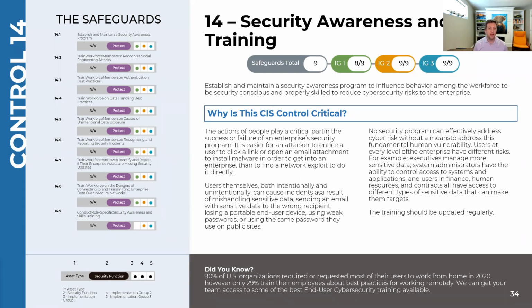Number 4, training your workforce on data handling best practices. It's unfortunate that people make mistakes. They email spreadsheets with sensitive information. They create folders that they share that people have access to that they shouldn't.